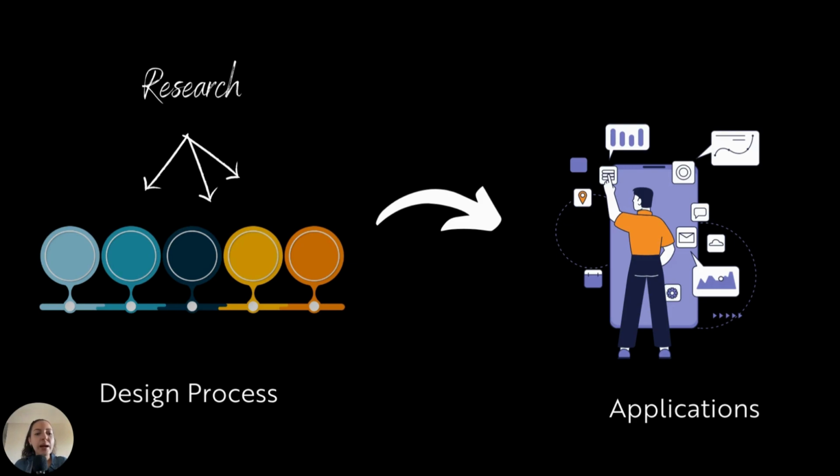Research is happening particularly when you are what we call discovery research. It's at the very beginning. And then later on, when you start ideating and brainstorming, there is a validation research or user walkthrough research. And then finally, there is user testing research.